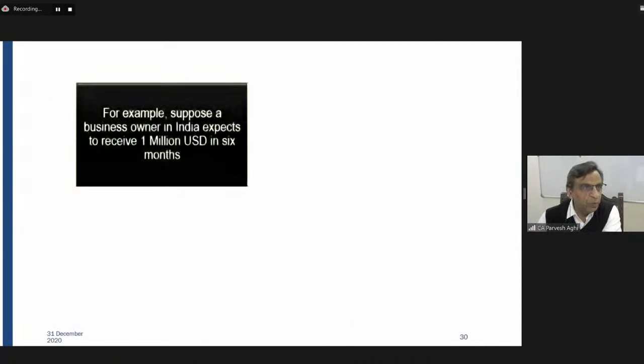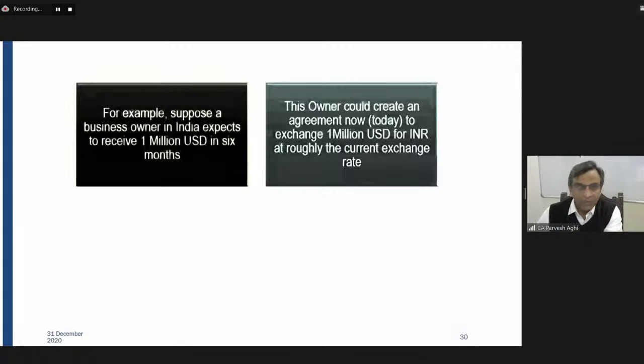For example, suppose a business owner in India expects to receive $1 million in 6 months. The owner would create an agreement today to exchange $1 million for INR at roughly the current exchange rate.